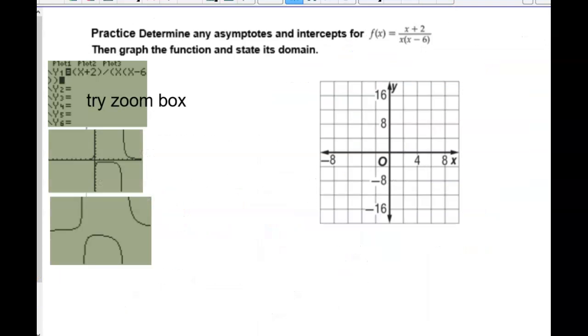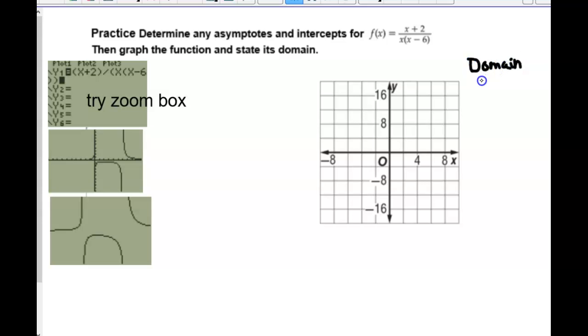All right, we are going to try this one. It is x plus 2 over the quantity x times x minus 6. The first thing you always have to do with the denominator is factor it if necessary. Well, both numerator and denominator. This one is in factored form, which is kind of weird. But the domain restriction first, anybody?